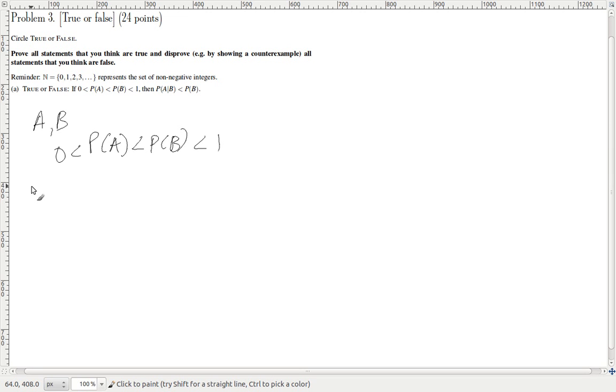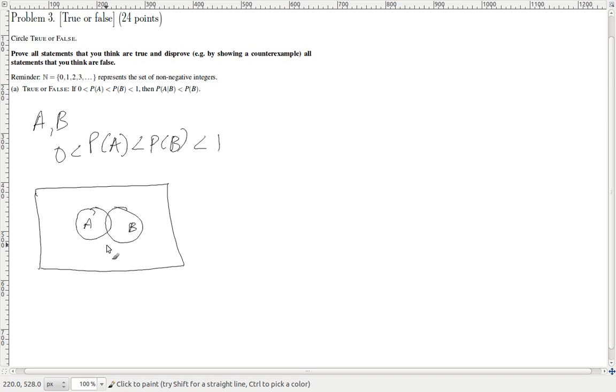So how do we go about this question? Let's try to draw a picture. First, let's draw the universal set, or the sample space of all events. And let's draw A, let's draw B. That's A, that's B. So once you know that B happens, what do you know about A happening?